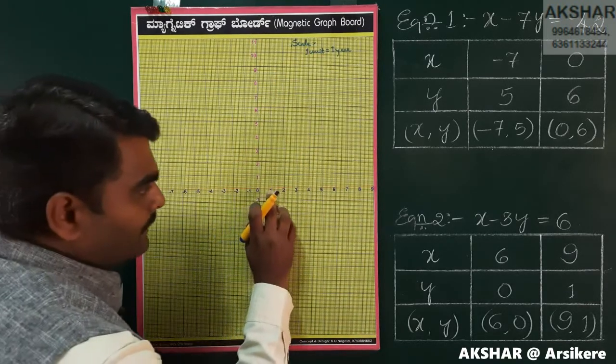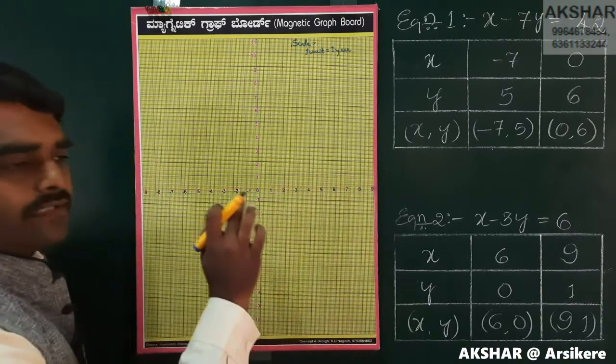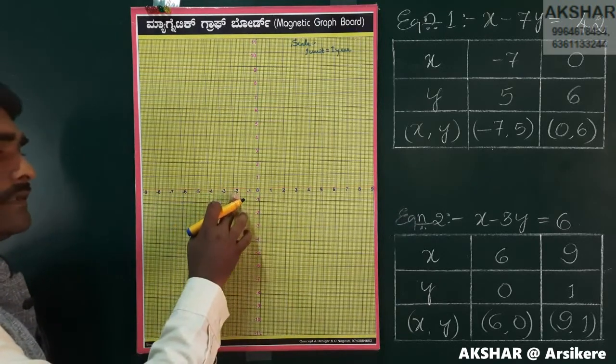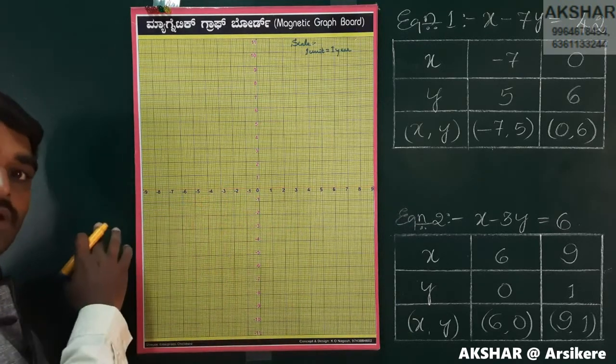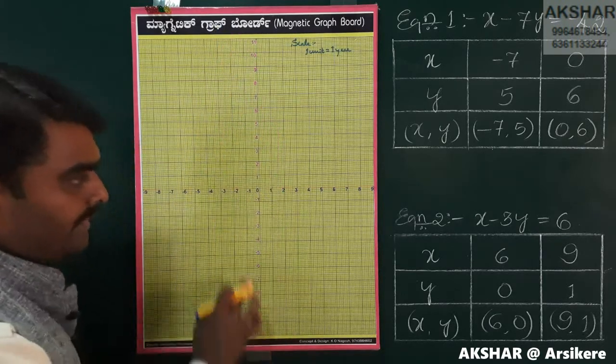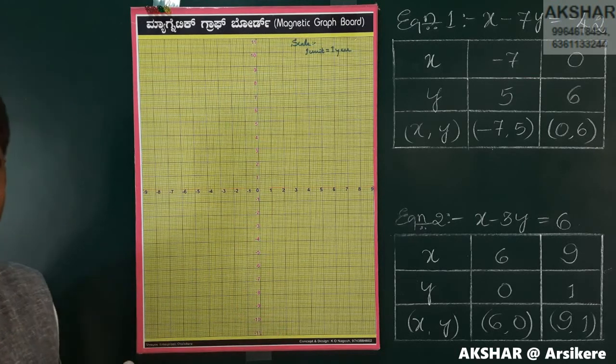Means here 1, 2, 3, 4, 5, 6, 7, 8, 9 like that numbers are there, and on the left side minus 1, minus 2, minus 3, minus 4 and so on; upside 1, 2, 3, 4, 5 and so on; downside minus 1, minus 2, minus 3 and so on, right? Okay, my dear children.